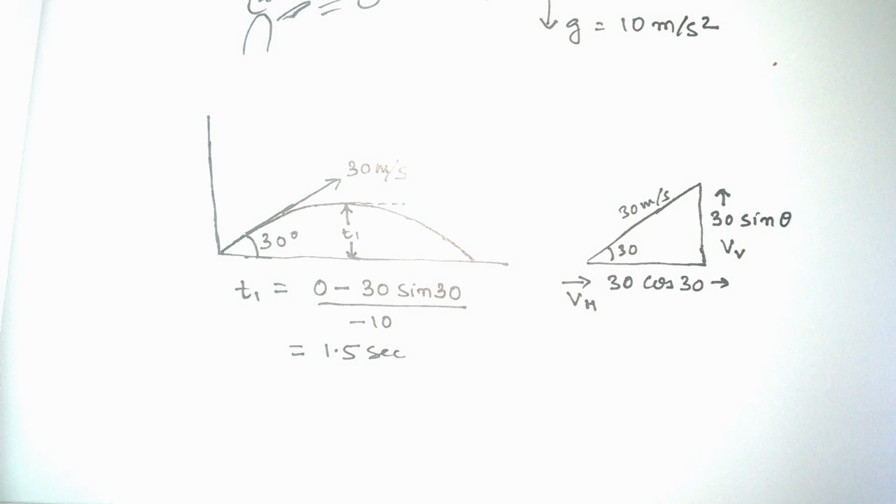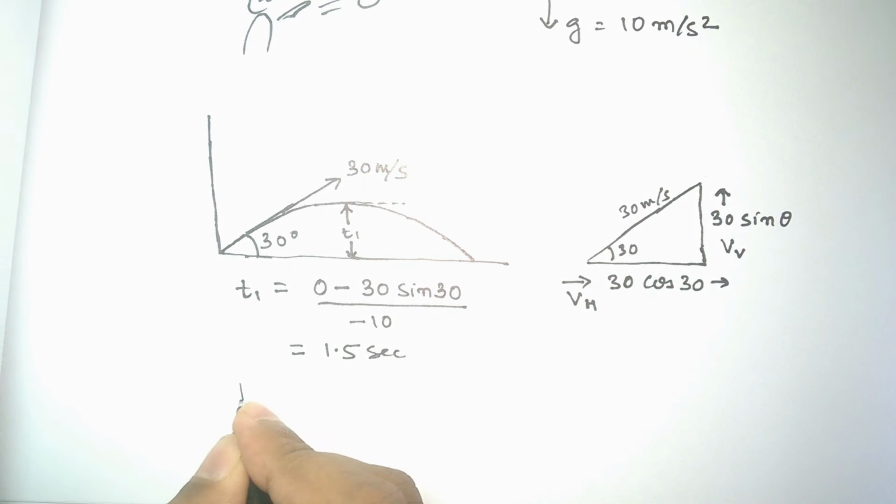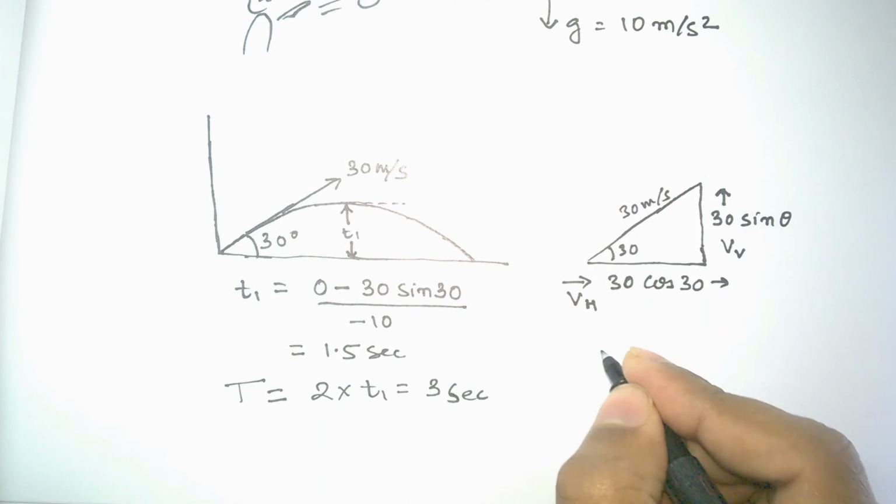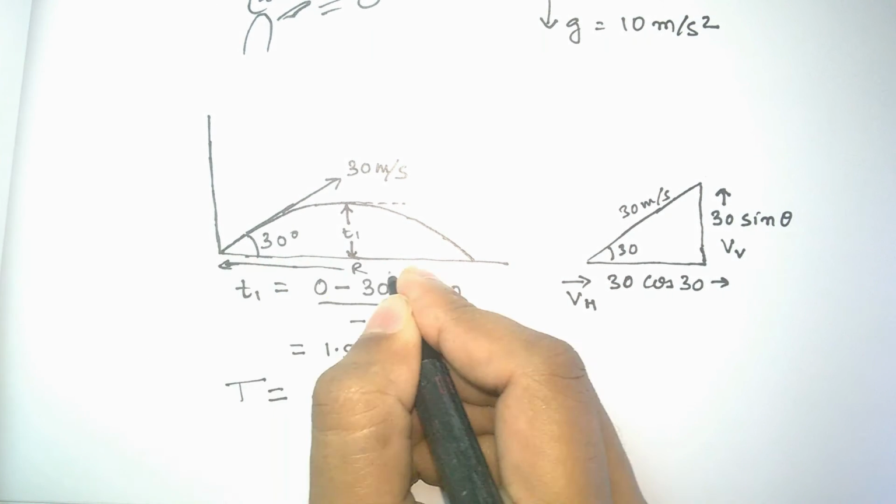The value of acceleration due to gravity is taken as negative, since it works as deceleration for a vertically upward going object. The total time taken will be 2 times the time taken to go up. So we get a value of 3 seconds for the time of flight.